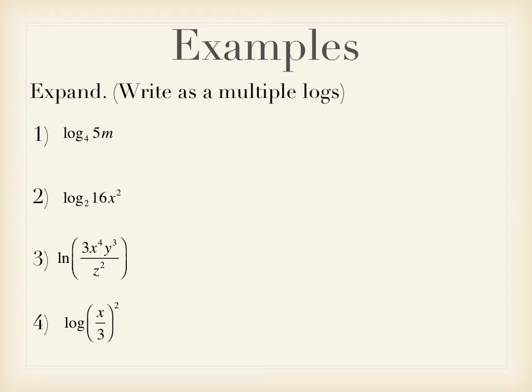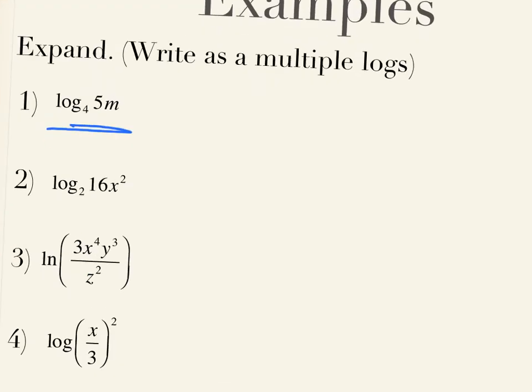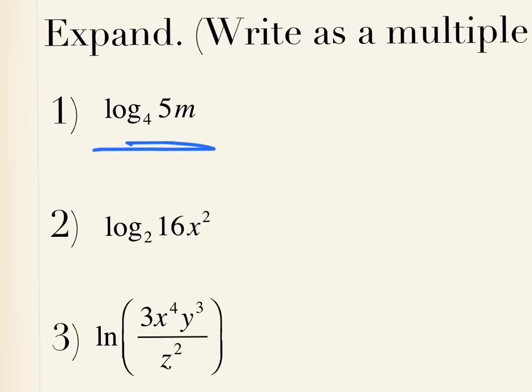Okay, in this set of slides, we're going the other way. We're taking a single log and writing it out as multiple logs. So we're separating it into smaller pieces. In this first problem, I really have two things that I'm dealing with. I have a 5 and I have an m. So each one of those things is going to get their own log.